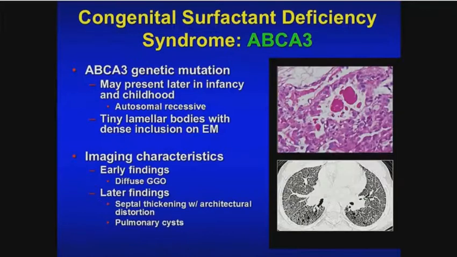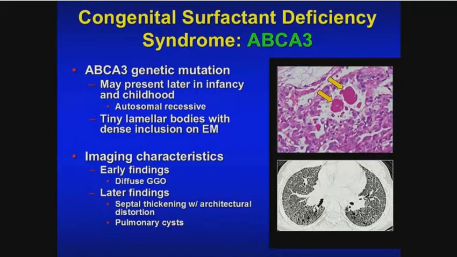The case that I have for you, the diagnosis was actually ABCA3 genetic mutation, which can present later in life due to an autosomal recessive condition. On electron microscopy, what you see is tiny lamellar bodies. When you see that, you can be certain you're dealing with ABCA3 genetic mutation.